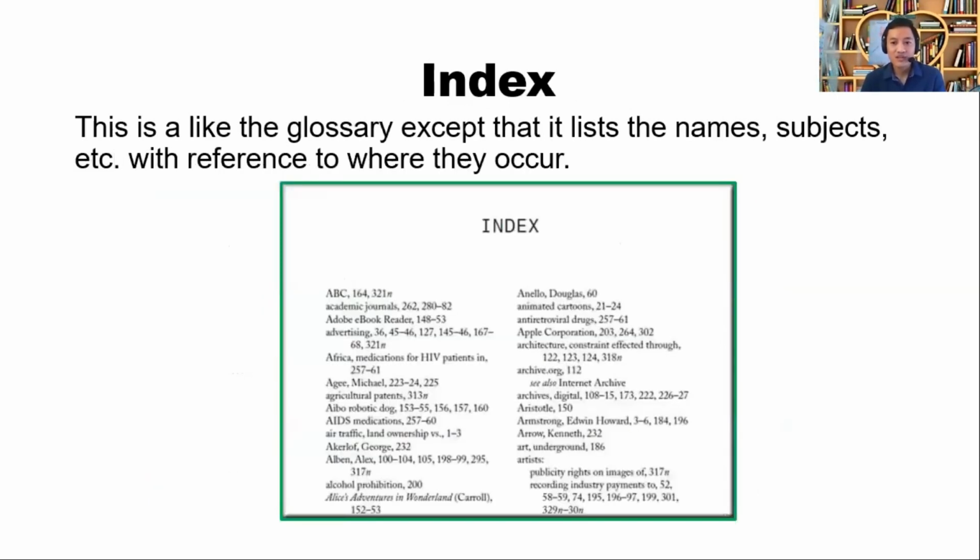Next one, index. What does it mean? This is like a glossary, except it lists the names, subjects, etc., with references to where they occur. It is written alphabetically. It is usually found at the end of the book.